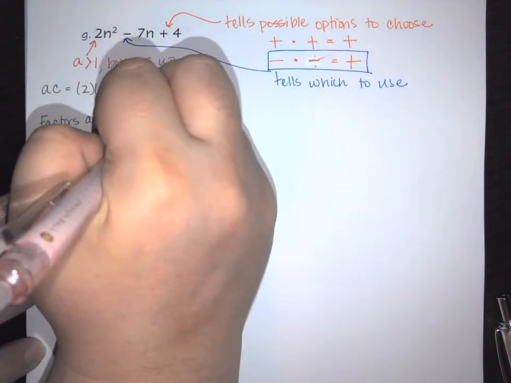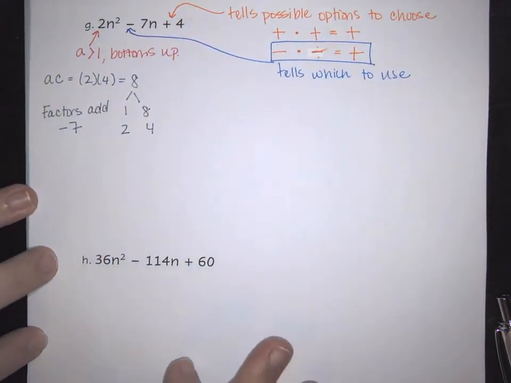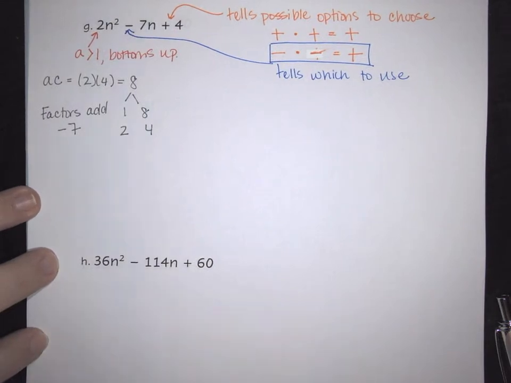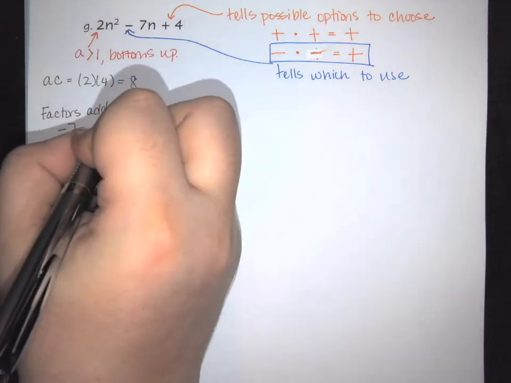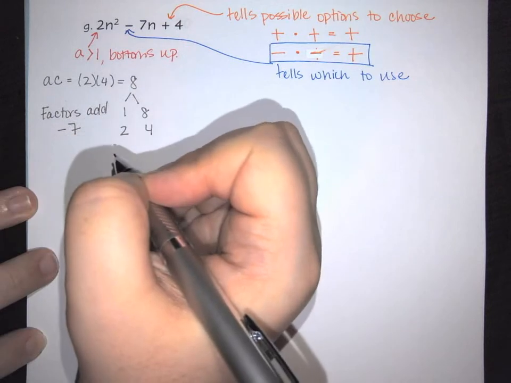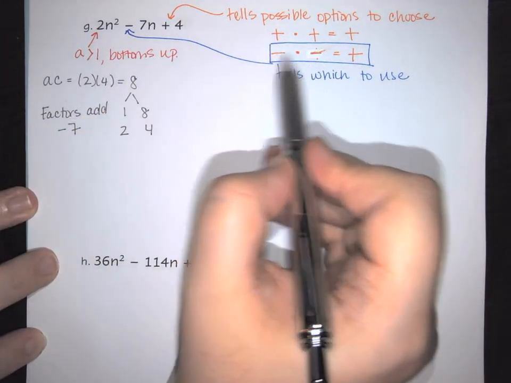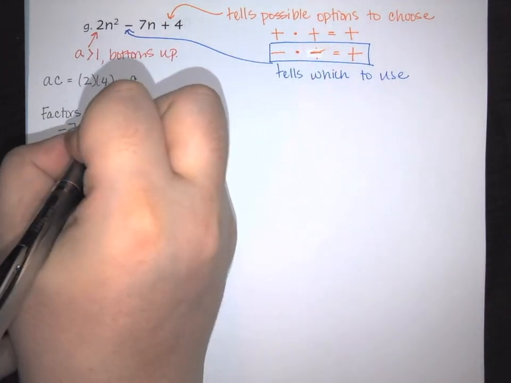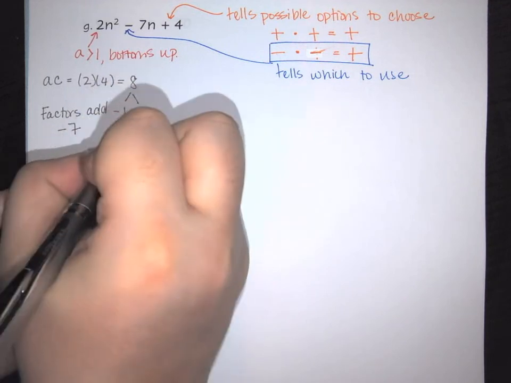I have 2 and 4. Since I want a -7, that tells me the bigger factor has to be negative. And so in this case, both factors are negative. So here I've got negative, negative, negative, negative.